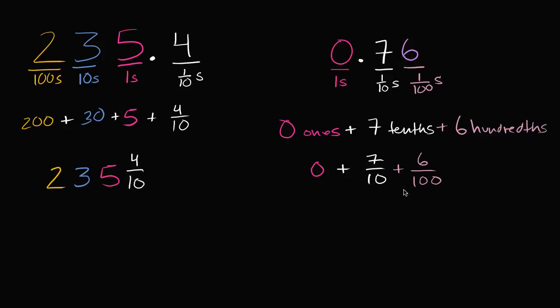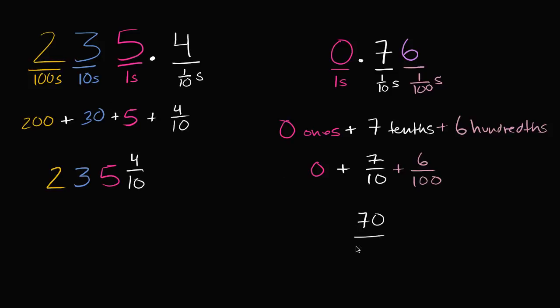Now, another way we could write this, if we wanted to talk about it as a fraction, I could ignore the 0. That's not going to change the value of this sum. But I could add the 7/10 to the 6/100ths. So how could I write 7/10 in terms of hundredths? Well, 7 over 10 is the same thing as 70 over 100.